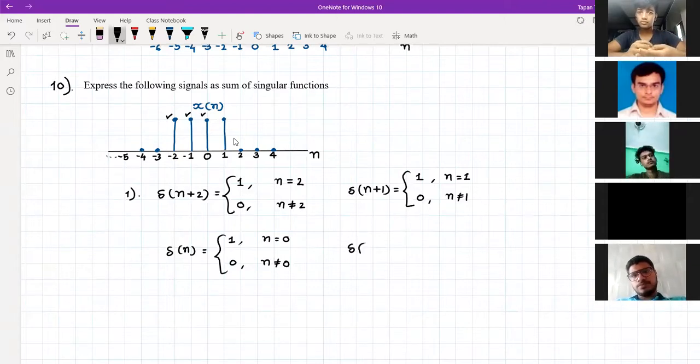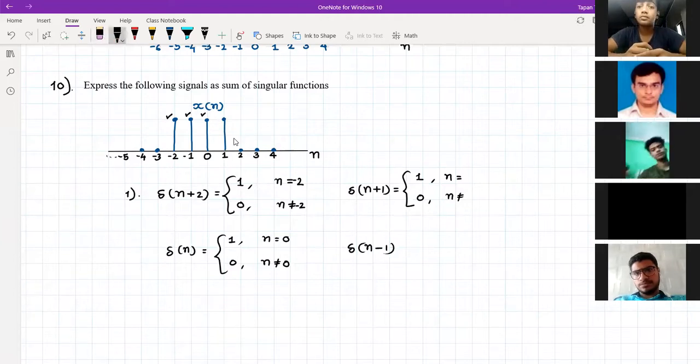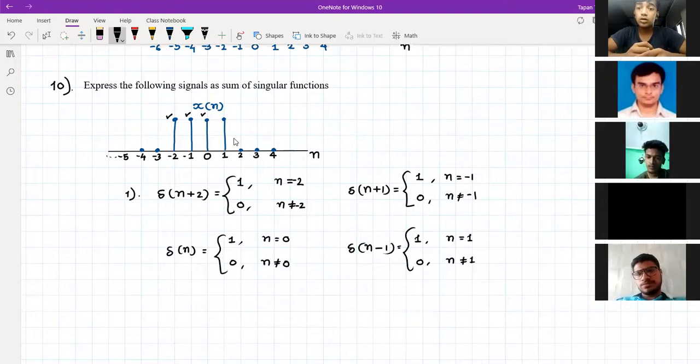And then you say delta of n minus 1. Here it is 1 for n is equal to 1, and 0 if n is not equal to 1.